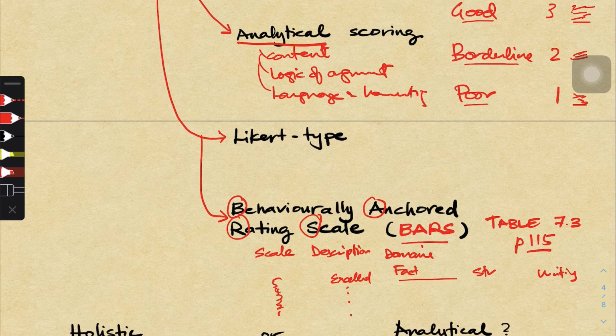The author then describes what, under facts, is excellent, what is good, what is satisfactory, what is marginal, and under structural relationships, what is the definition or the behavior that is required, as well as in the writing. Please have a look at the table.